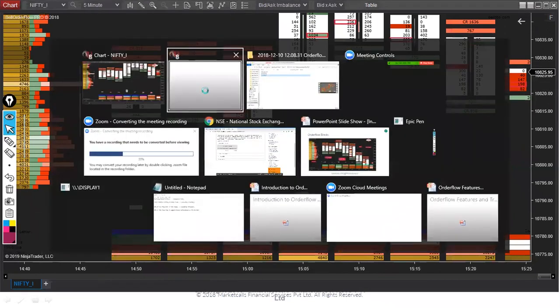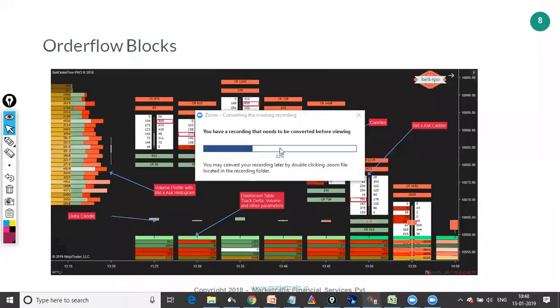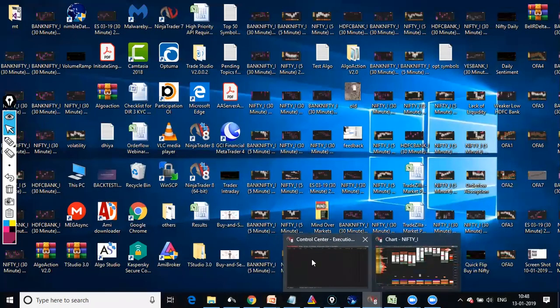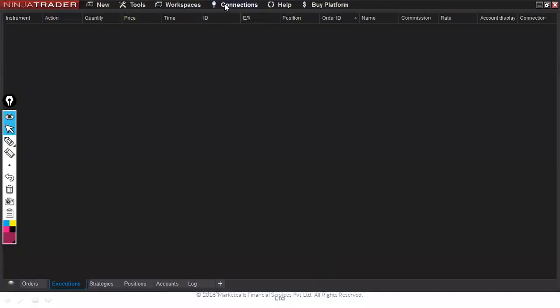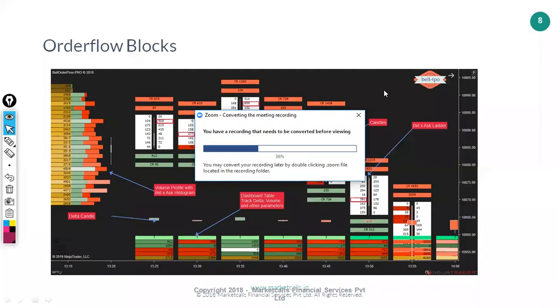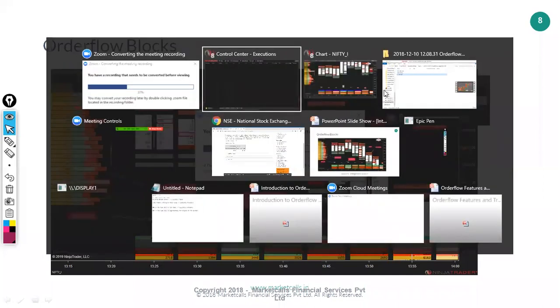So I have to go to the control center and enable playback. Go to the control center, connections, enable playback connection. I guess this will work out.